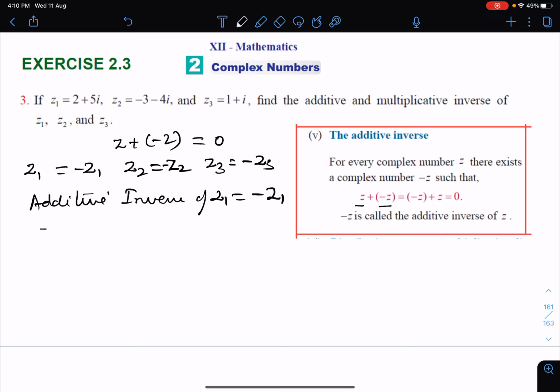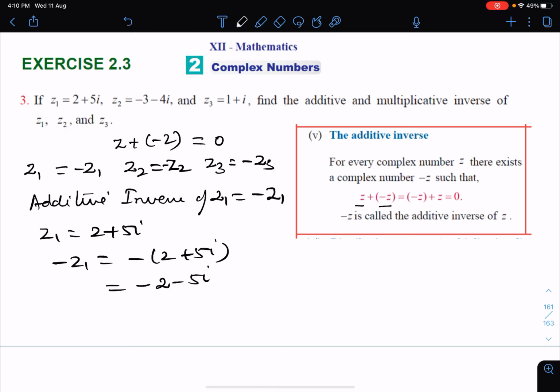So what is our Z1? Z1 equal to 2 plus 5i. So minus Z1 equal to minus of 2 plus 5i. So your minus Z1 is going to be minus 2 minus 5i, the additive inverse of Z1.